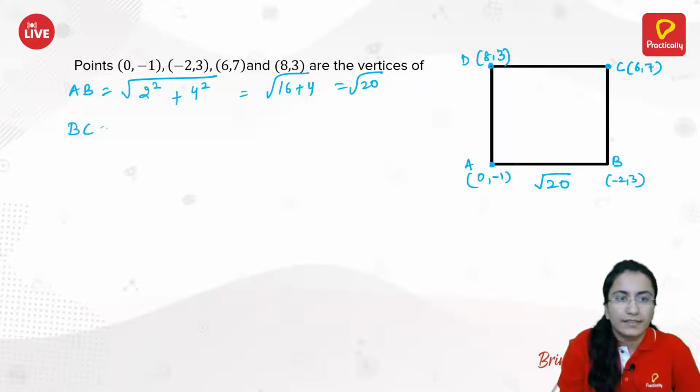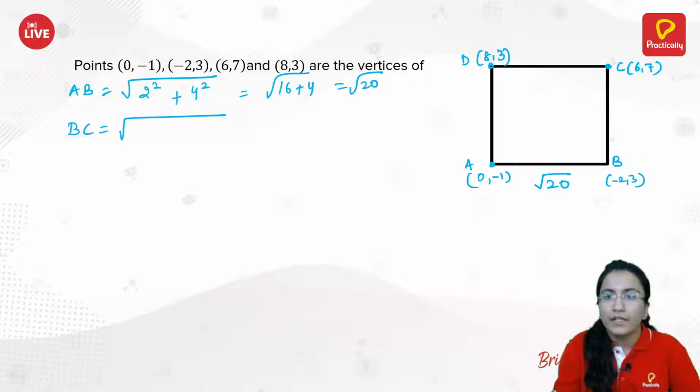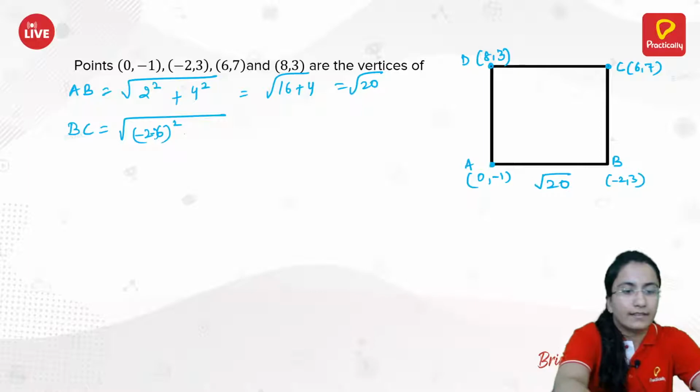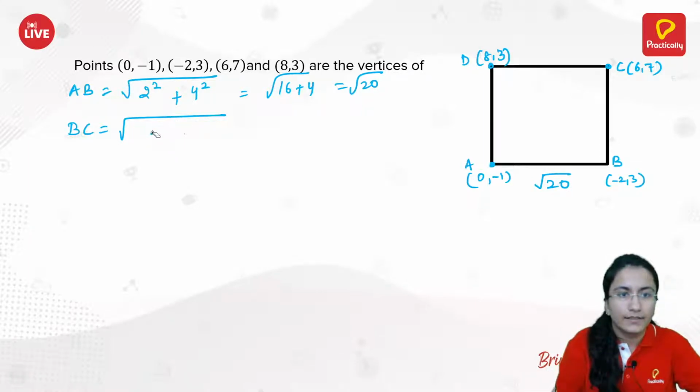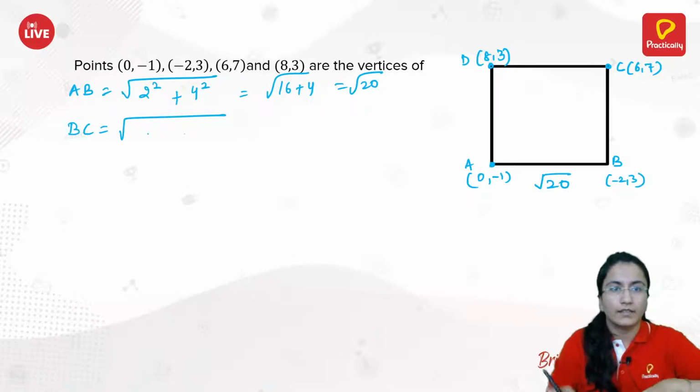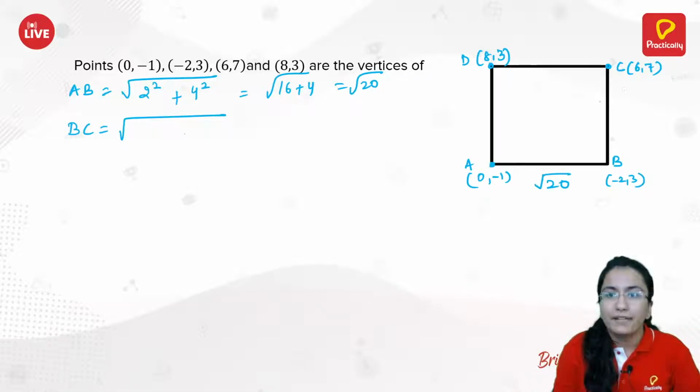BC will be equal to under root of (minus 2 minus 6) square. I've written it correctly, right? Minus 2 minus of 6 is minus 8, square of it will be 8 square.